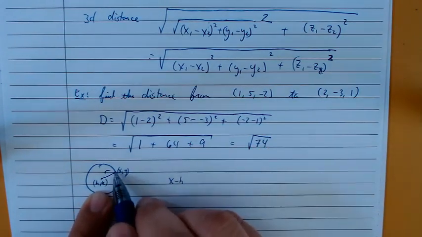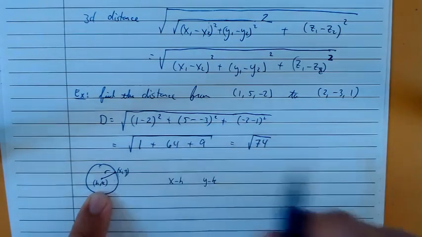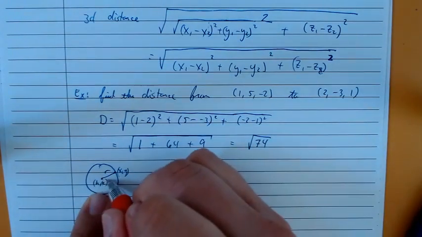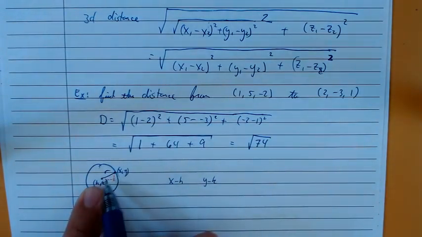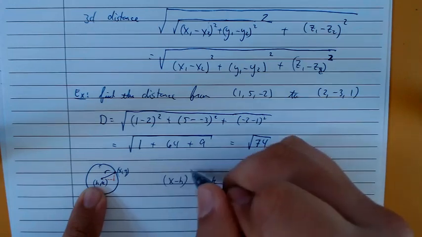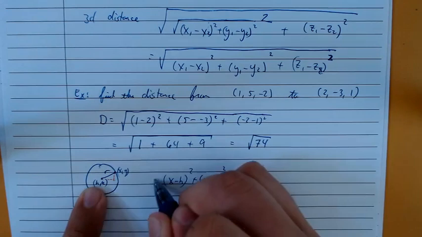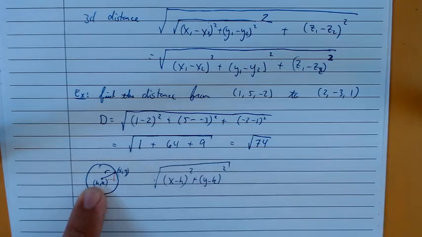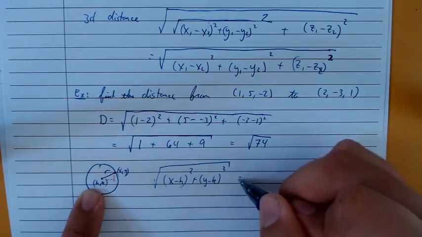Y minus k is the distance across the y-axis. Then you square each of those, add them together, and place that under a square root, the Pythagorean theorem, that gives you the distance from this point to that point.